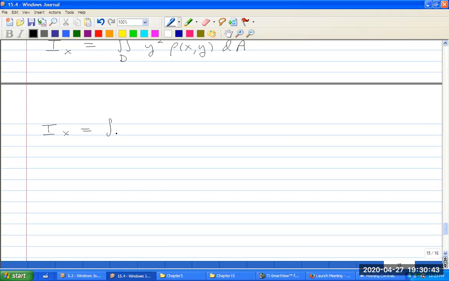Just as before, 0 to 2/5. It's the same region. Y over 2, 1 minus 2y. And now it's a y squared times x. So x, y squared, dx, dy.